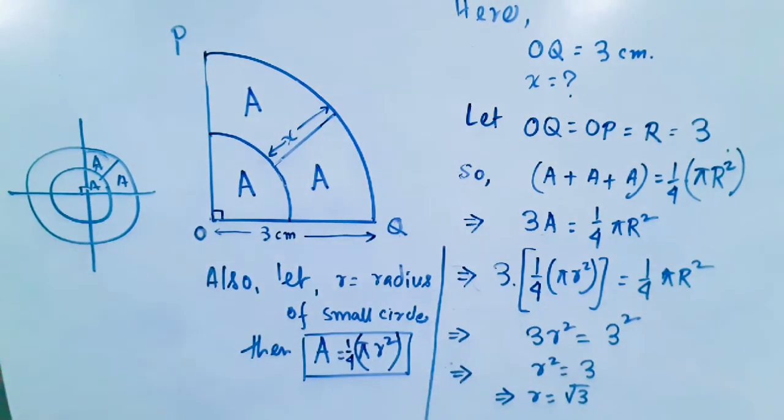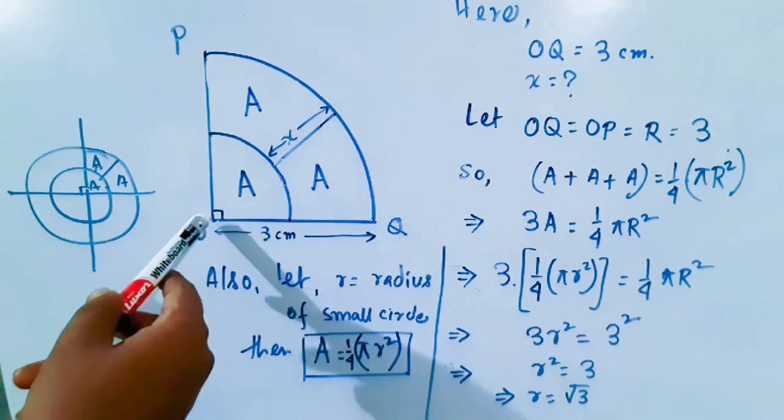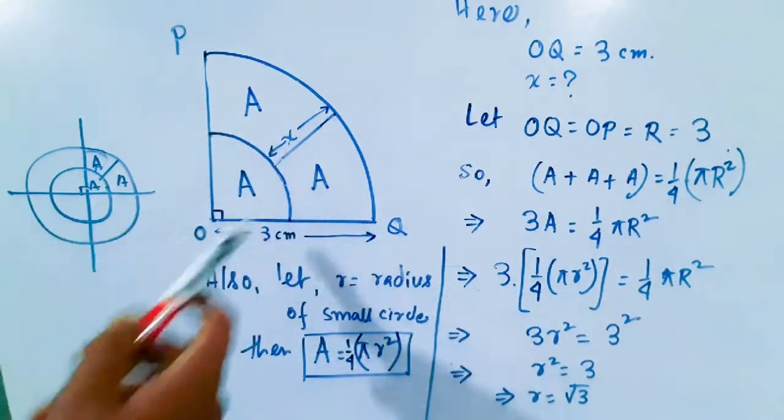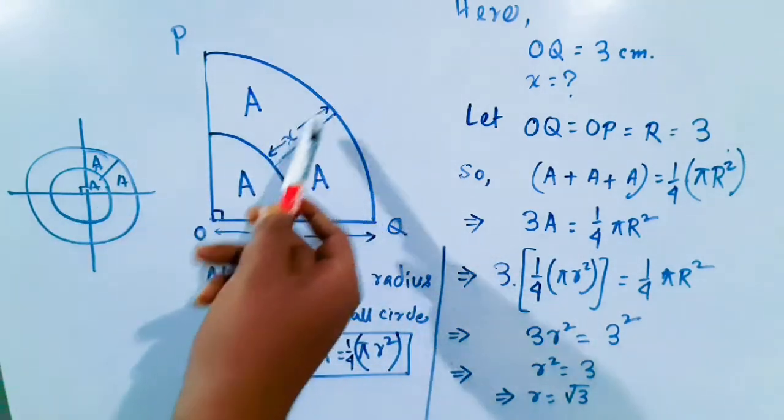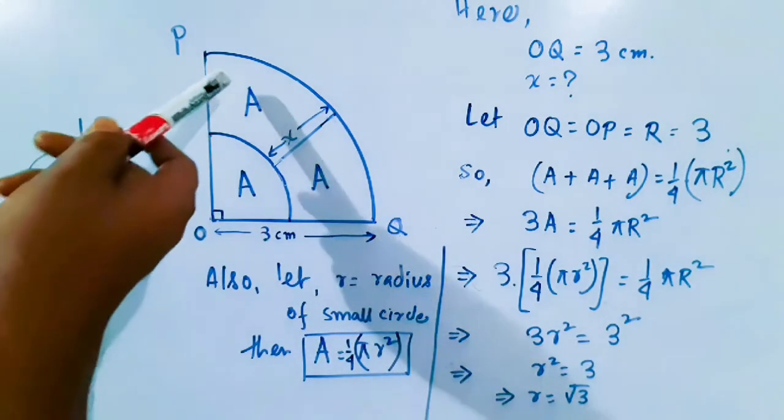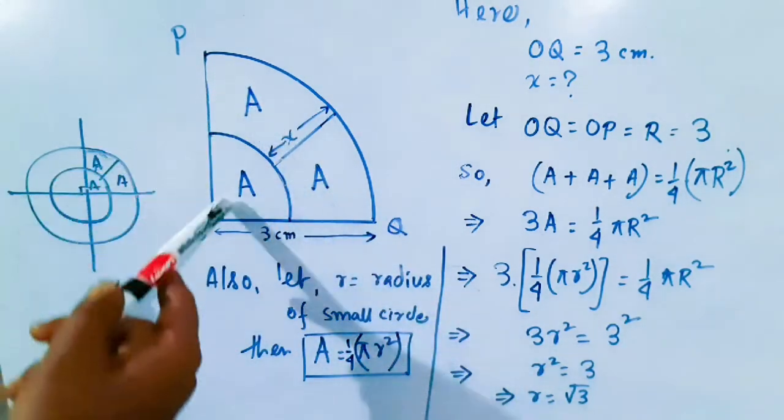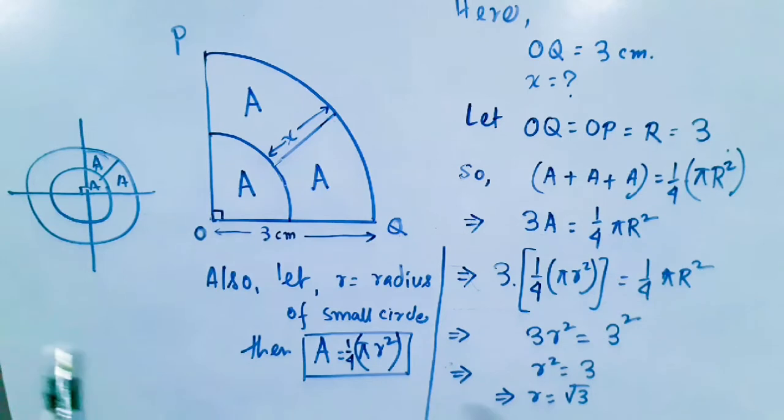POQ, radius of bigger circle, and this is the smaller. This length is x. There are three portions. Capital A marked as equal part, and OQ, the radius of bigger circle, is 3 centimeter.